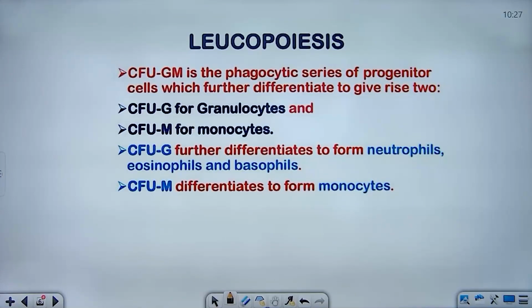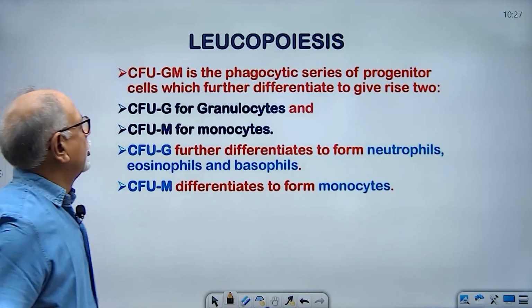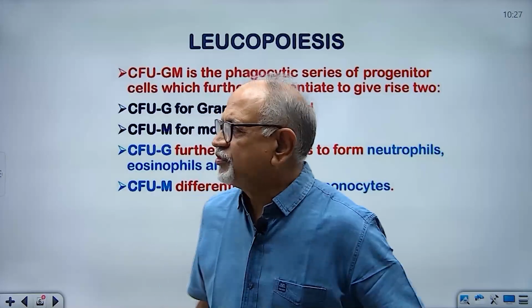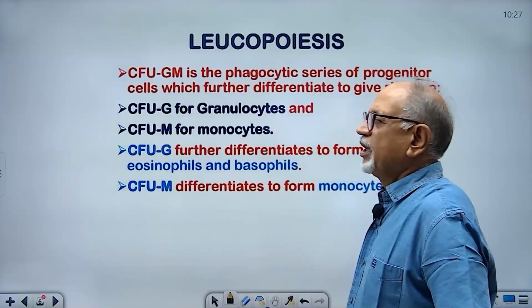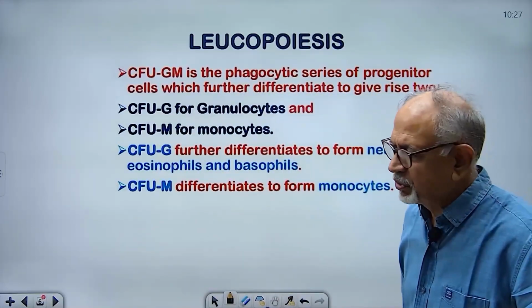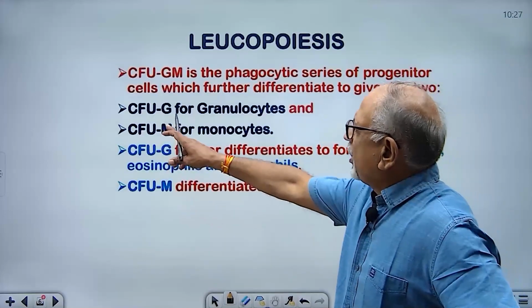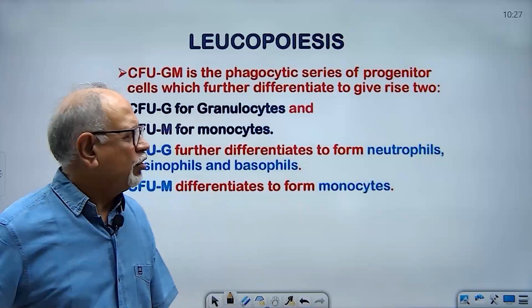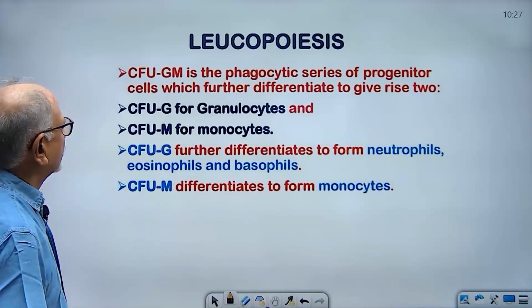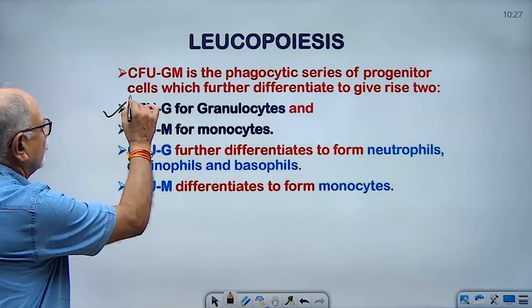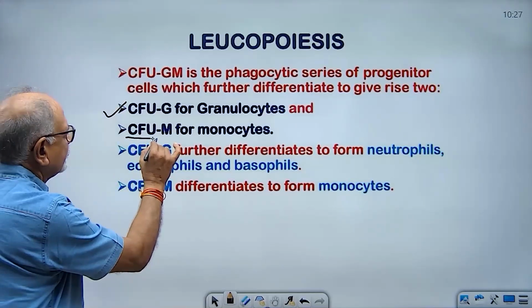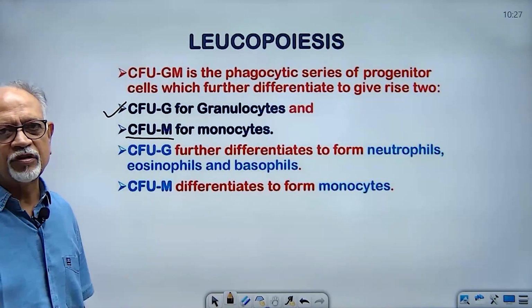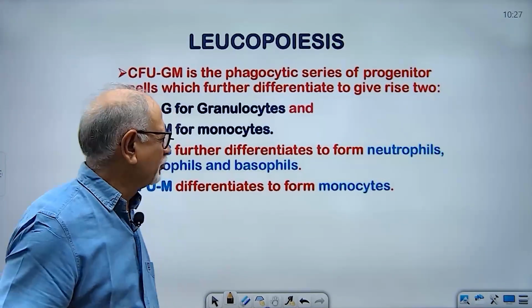Now the colony forming unit GM, that is G for granulocyte and M for monocyte: CFUG produces granulocytes, that is granular leukocytes, whereas CFUM produces monocytes only.